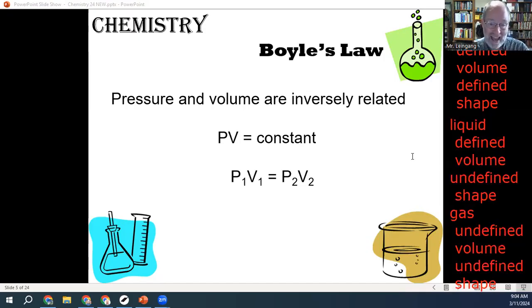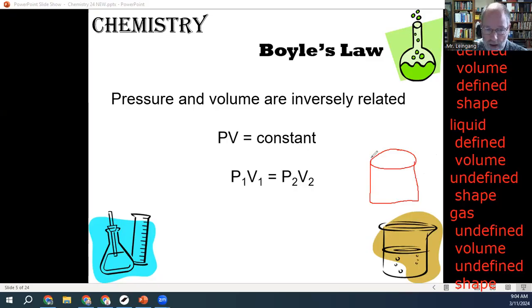So a gas can actually change its shape to its container like a liquid does, but a gas will also change its volume to the volume of your container. So as an example, if I have myself a container, well, that's a terribly shaped container. We've got to get rid of that bottom there. Let's try that again. There we go. That's a little better.